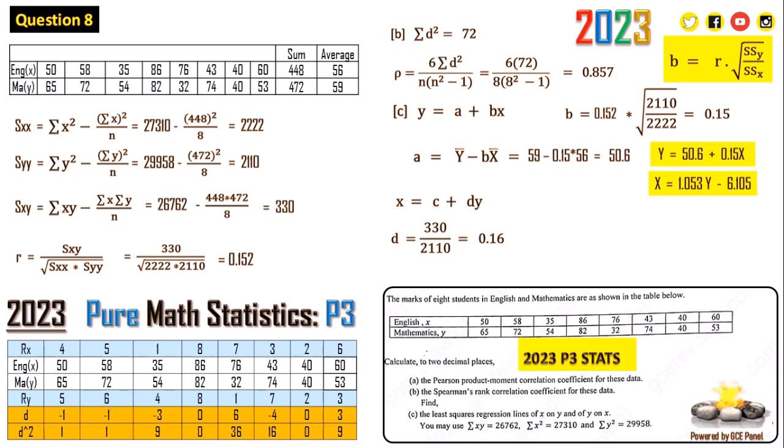Then, for the value of c, we are going to have c equal to x bar minus d times y bar. So we have 56, which is the average here, minus 0.16 times 59. That gives us 46.56. And from here, we can write x equals 46.56 plus 0.16y.